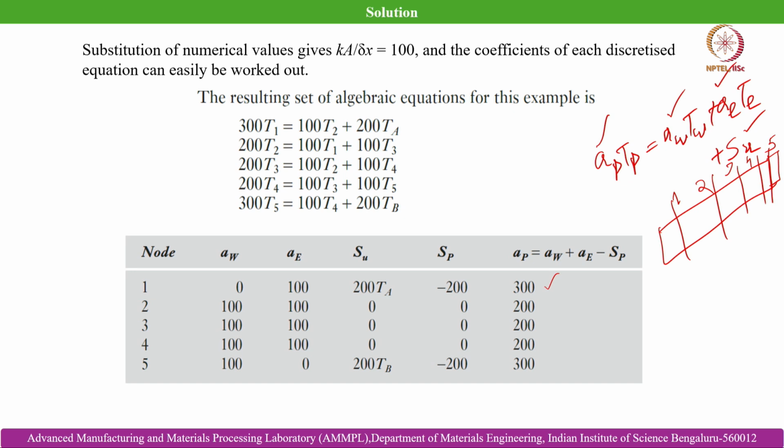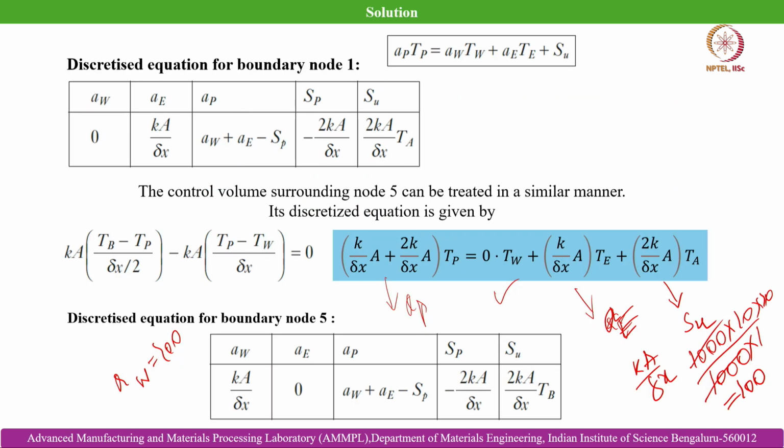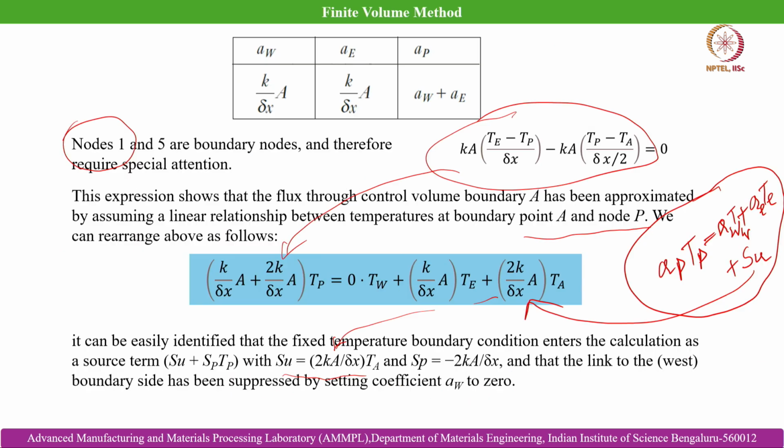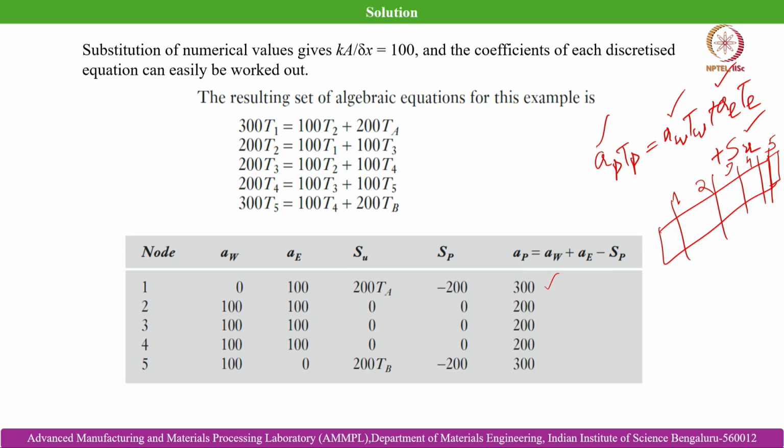The west side of the first node is the boundary, so that is 0. Then it is equal to AE TE, and the value of AE for the first case is also Ka by delta x, that means it is 100.